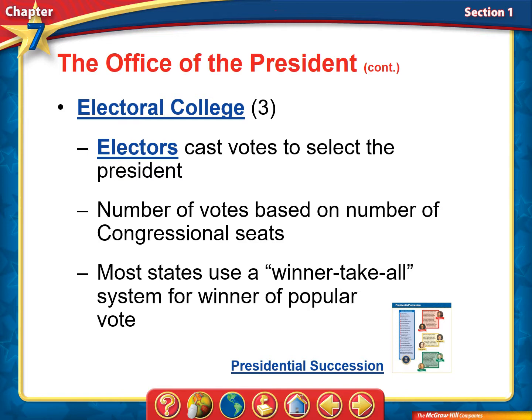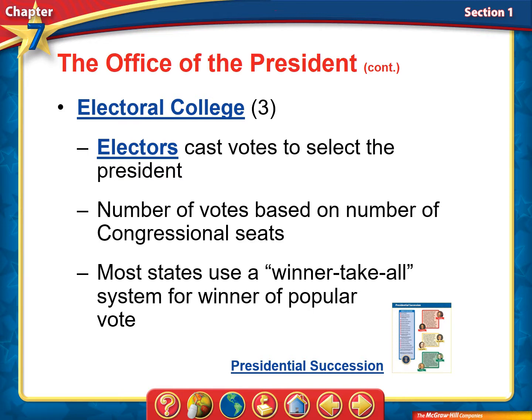Does that make sense, guys? It's called a winner-take-all system. So as long as one candidate gets more votes than the others, that candidate gets all those votes.